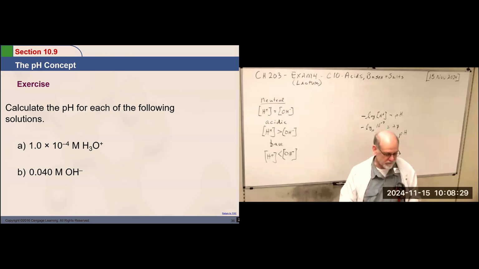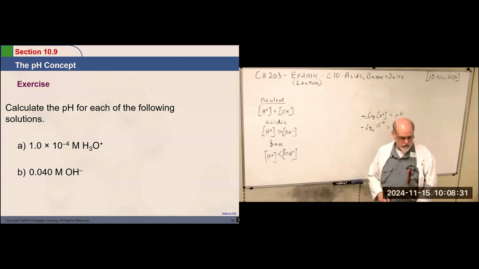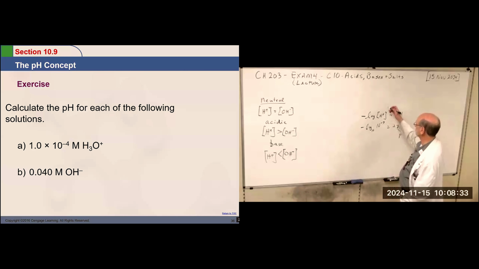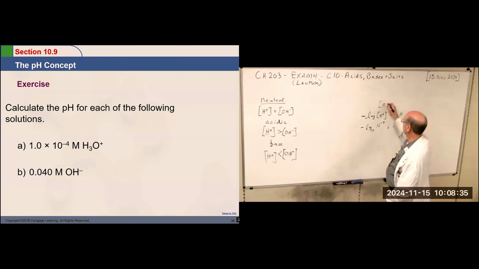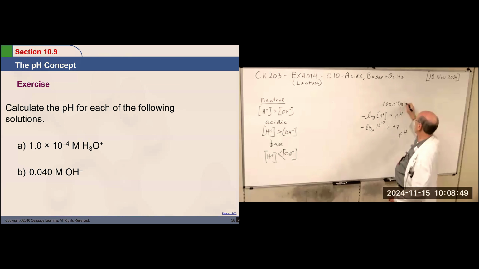So if we have hydrogen ion concentrations of 10 to the minus 4, I left the 1 out because what? Well, let's do it that way, at least this first time. Let's say 1 times 10 to the minus 4, and it has to be molar.